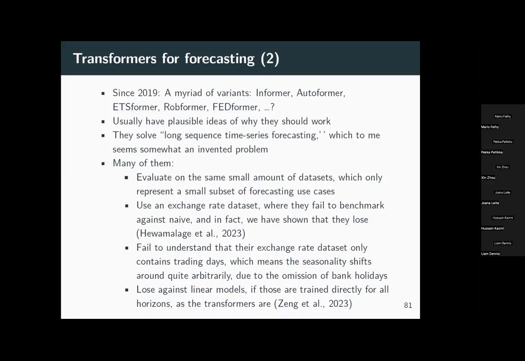Also, this exchange rate data set only has trading days in it. And then some people find a seasonality of cycle 7, cycle 30, things like that. And then I'm like, well, but your month is only 20 days long. So how can you find a monthly seasonality of length 30? There's another paper that showed that many of them also lose against linear models.